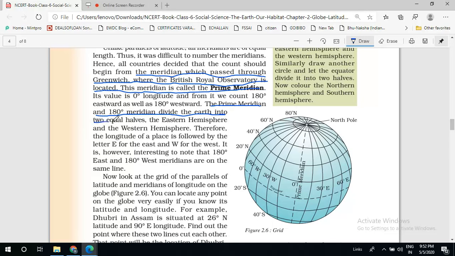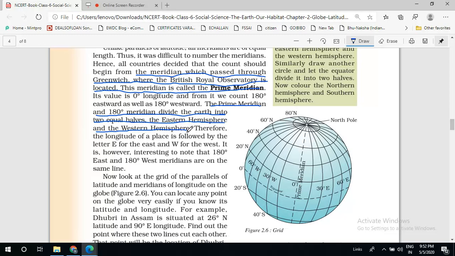And what are these halves? The eastern hemisphere and the western hemisphere. So equator is dividing the earth into northern hemisphere and southern hemisphere, and the prime meridian and 180 degree longitude is dividing the earth into eastern hemisphere and western hemisphere.